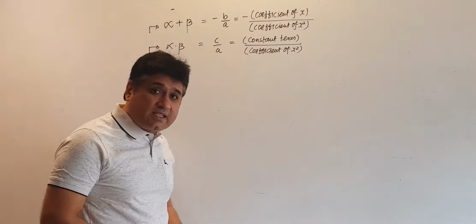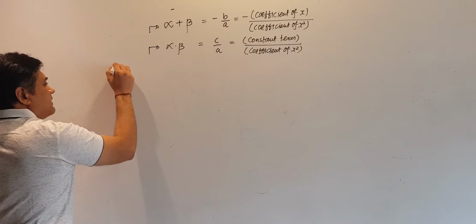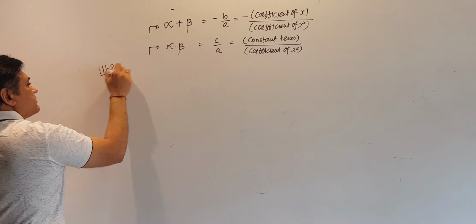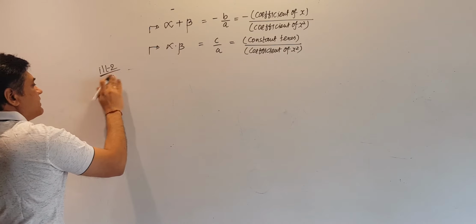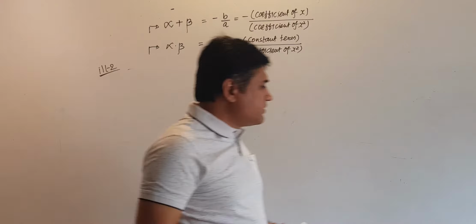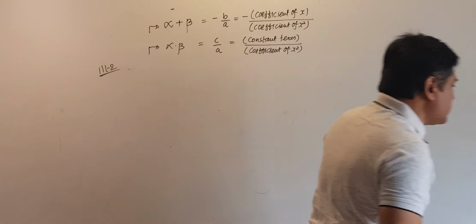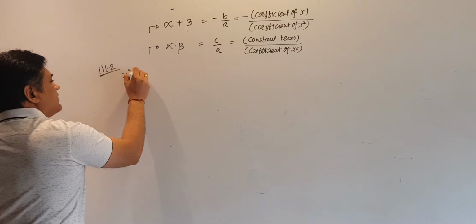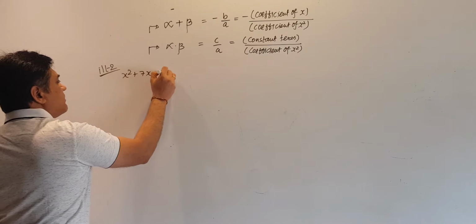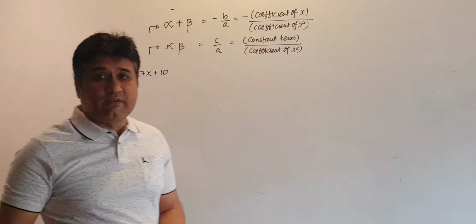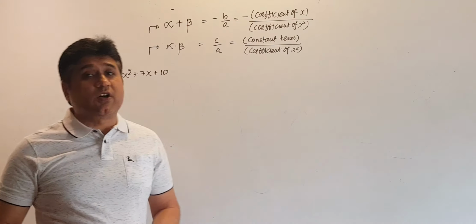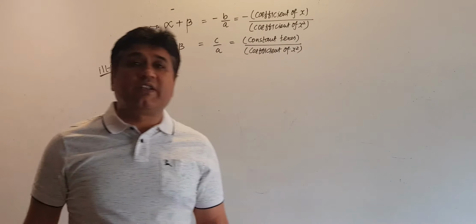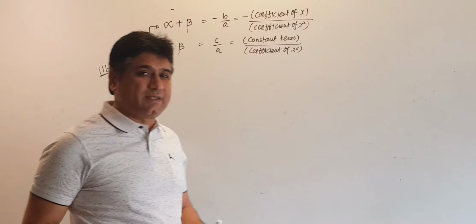Let's revise once in the form of illustration 2. What is illustration 2? Find the zeros of quadratic polynomial x square plus 7x plus 10. Find the zeros of the given polynomial and verify the relationship between zeros and coefficients.